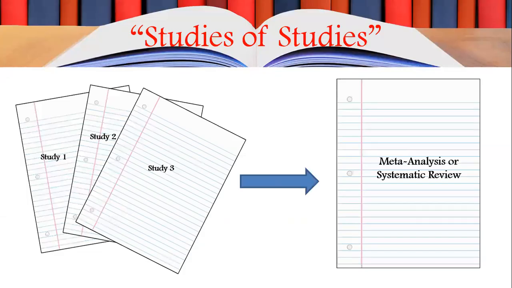Studies of studies is basically where the authors of the meta-analysis or systematic review are looking at individual studies, and they are pooling the results of those studies together into one report that is referred to as a meta-analysis or a systematic review. This is in contrast to single research studies, right? So we're just looking at individual studies, study 1, study 2, study 3 separately, right?